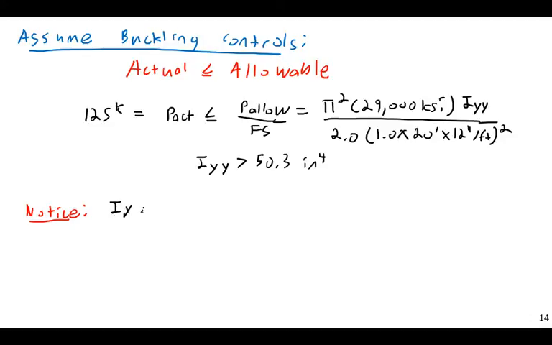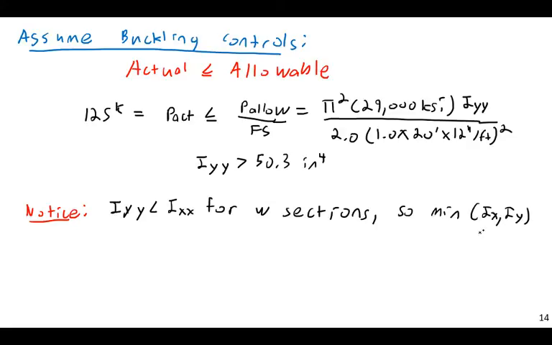IYY is less than IXX for W sections. There may be some weird outlier that I'm not aware of, but generally IY is much less than IX. So the min of IX, IY equals IYY.